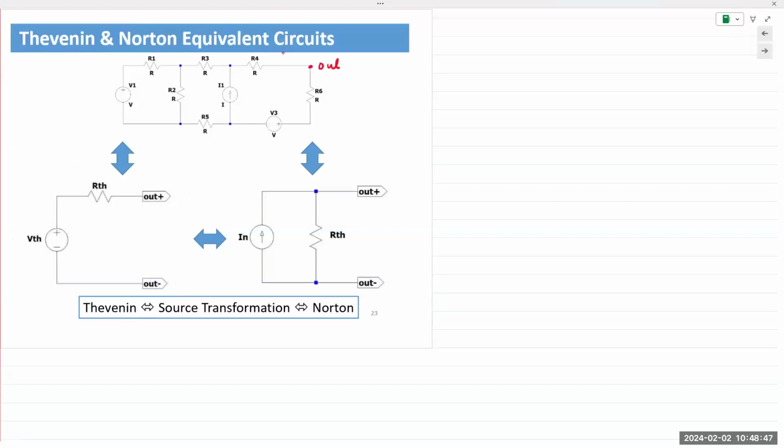This would be out plus and out minus, simply notations that I'm using. It does not represent anything. It could be A and B, X and Y, Batman and Robin, doesn't really matter. It's simply noting the terminals where R6 was connected.